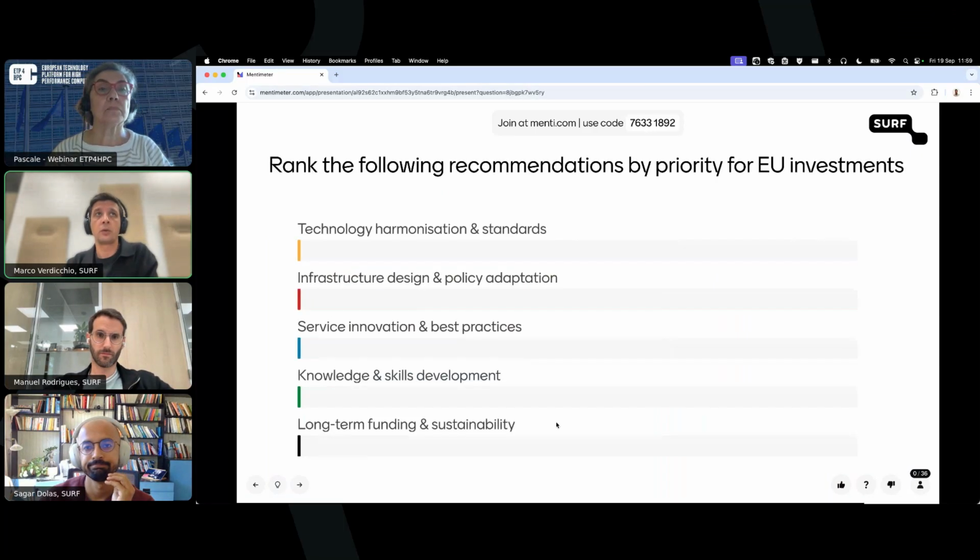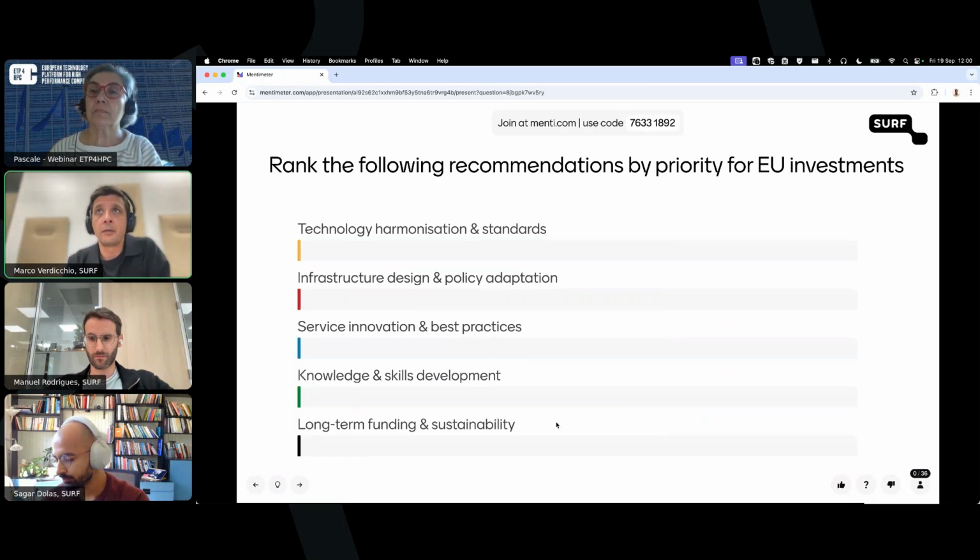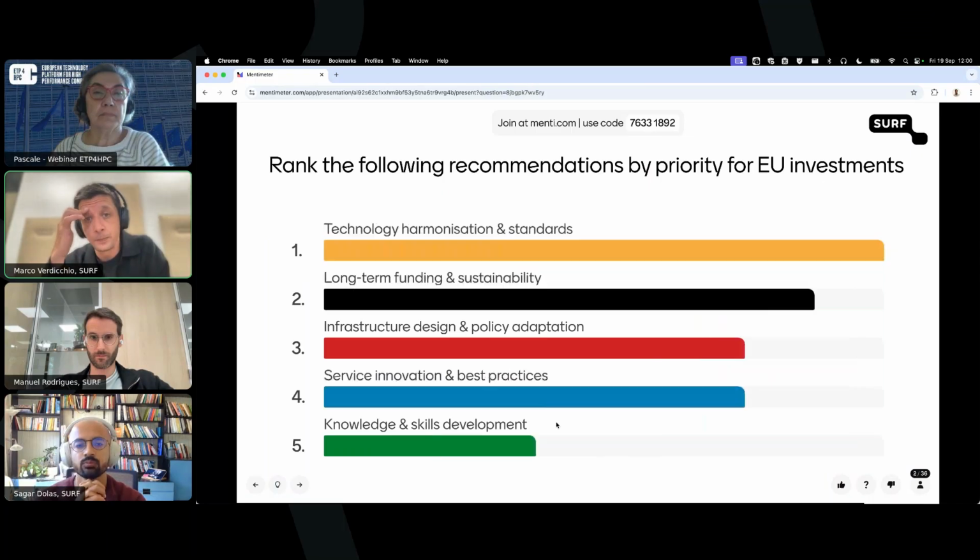Here also it will be very interesting, with respect to the recommendations that we presented, to have a rank from you on which priority for EU investment these recommendations shown here should have. So similar rank as the question before, from the lowest priority to the highest priority. What do you think the investment of the EU should focus on?